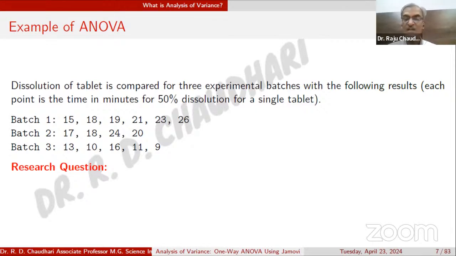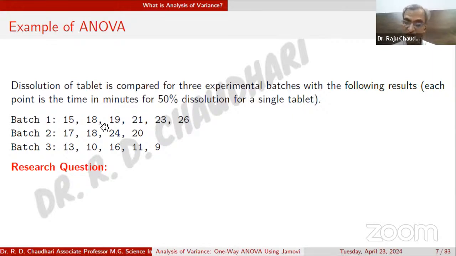Instead of batches, suppose the experimenter is applying some kind of treatment. In that case we have treatment one, treatment two, treatment three, and accordingly we have the variation because of the different treatments. Within the batch, if you look at only batch one, 15, 18, 19, 21, there is an inherent variation.